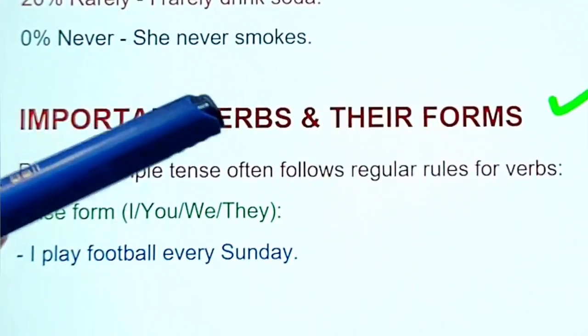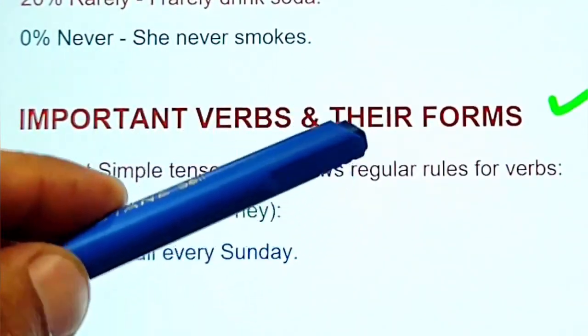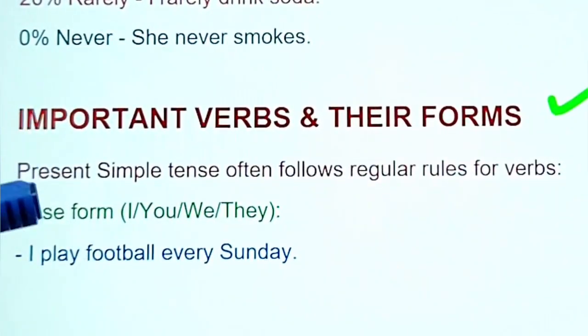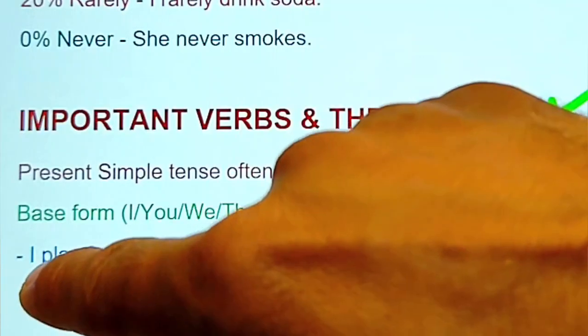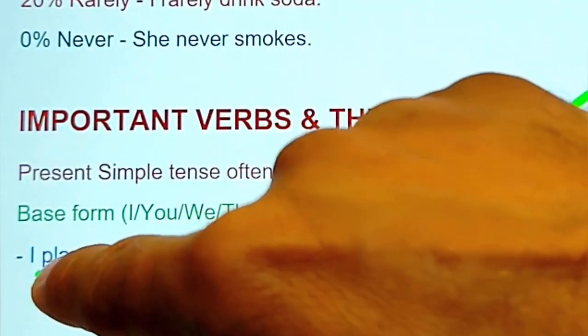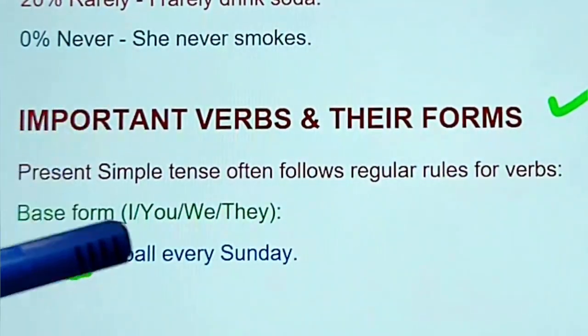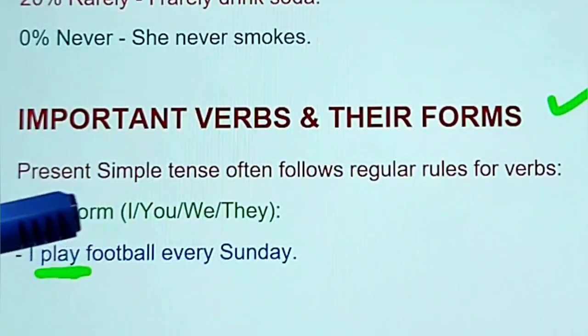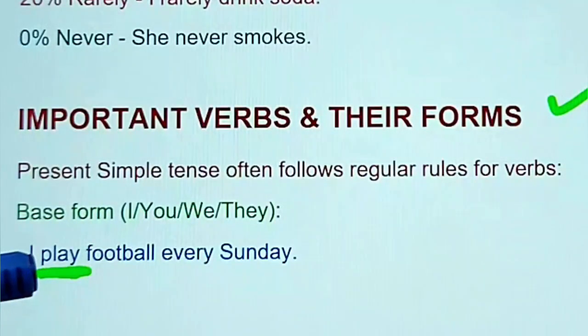Present simple tense often follows regular rules for verbs. The base form remains as it is in the sentence, nothing changes when we have I, you, we and they. We use the base form as it is in the sentence.